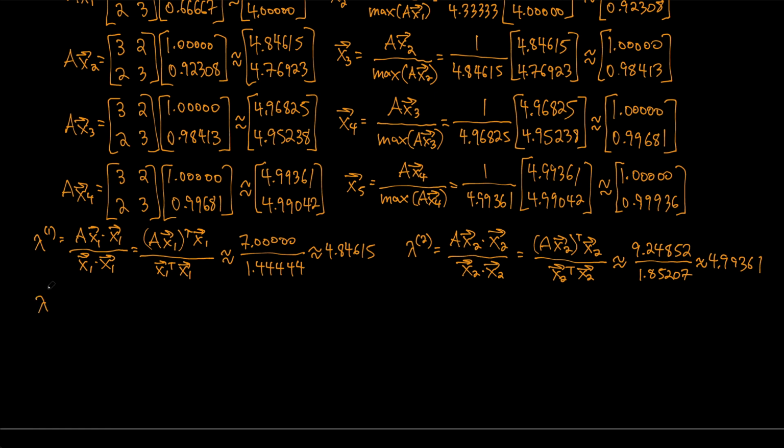How about for lambda 3 now? So that'll be AX3 dotted with X3 over X3 dot X3.